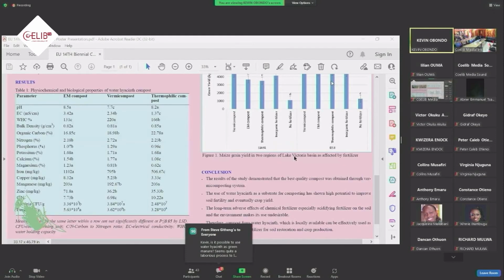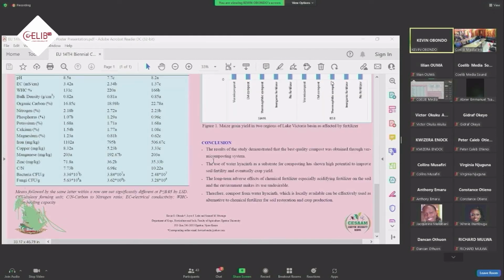So in conclusion, from our findings, we can conclude that the results of the study demonstrate that the best quality compost was obtained with vermicompost, and that the use of water hyacinth as a substrate for composting has shown the potential to improve soil fertility and eventually crop yield. As for the long-term adverse effects of chemical fertilizers, we can see, for example, under the effect on soil properties, how it is reducing the pH.